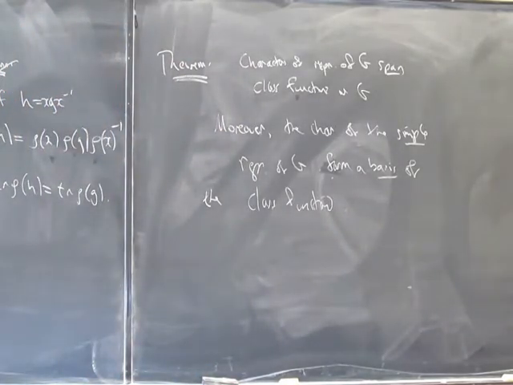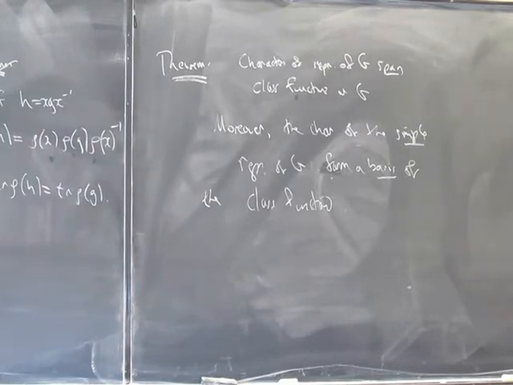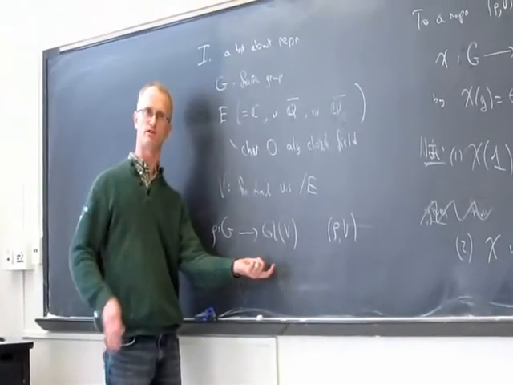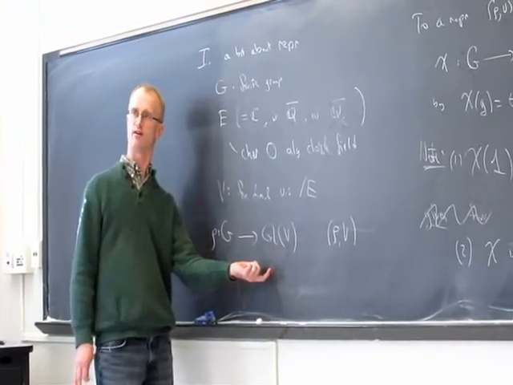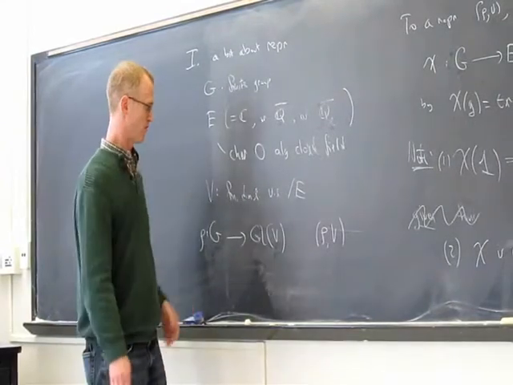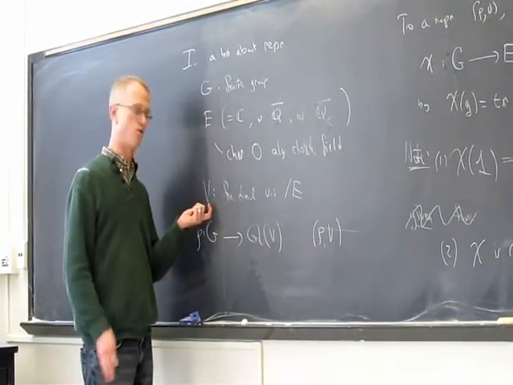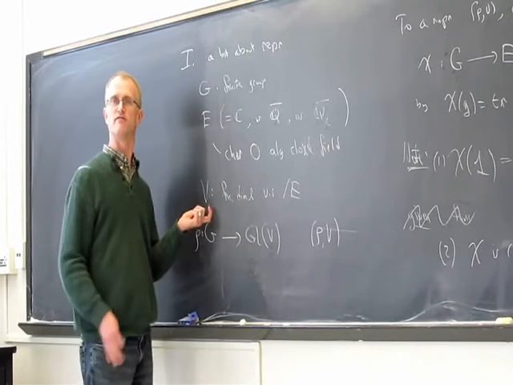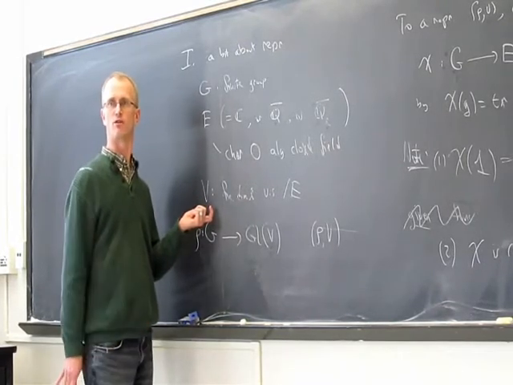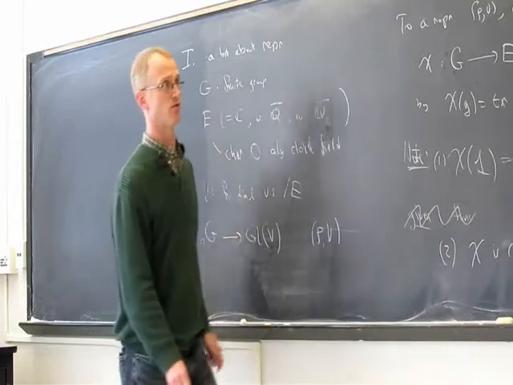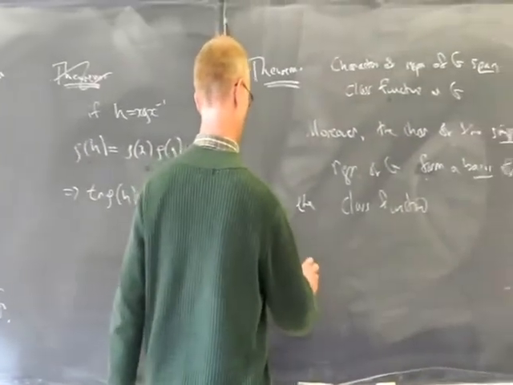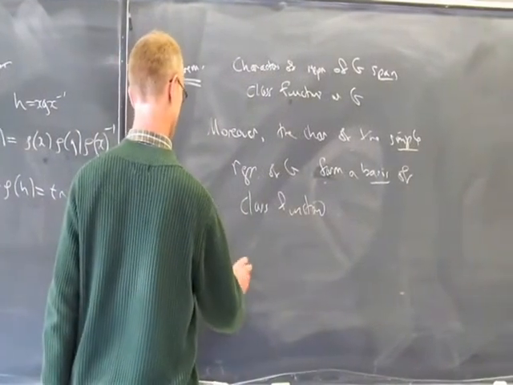So what does simple mean? Where's my representation? I have V, and every element of G acts on V by forming a matrix, and I can move vectors in V around with an element of G. So I say that it's simple if there's no smaller subspace than V, except 0, that is invariant under the action of all elements of G. So V is simple.